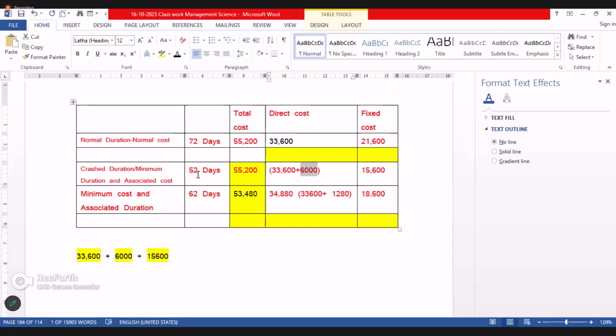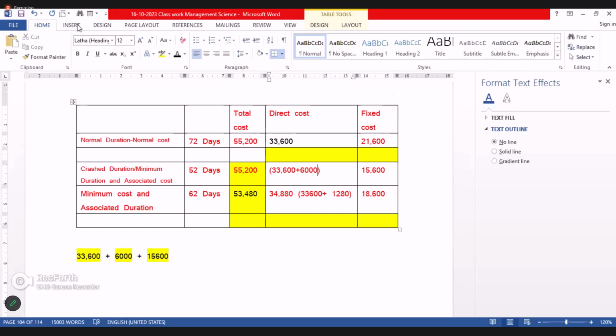Why is it the same? So if I'm asking a question, why is it the same? This 72 days also 55,200. 52 days also 55,200. Why? This is cost increase 6,000, activity cost.